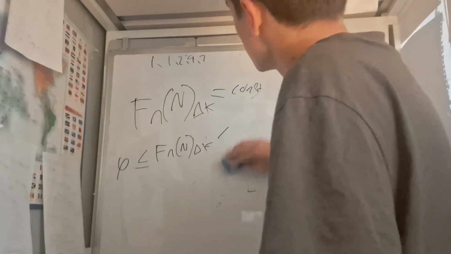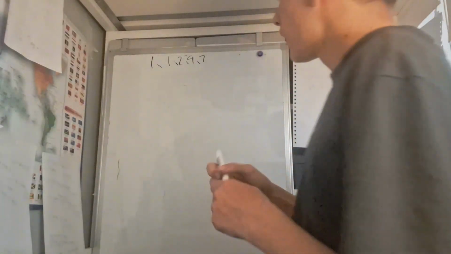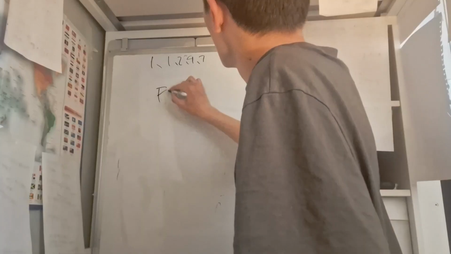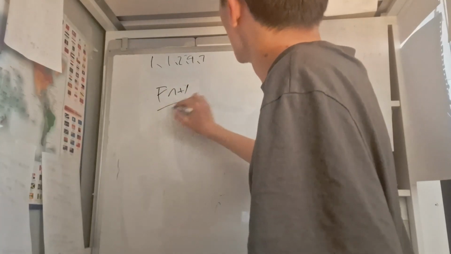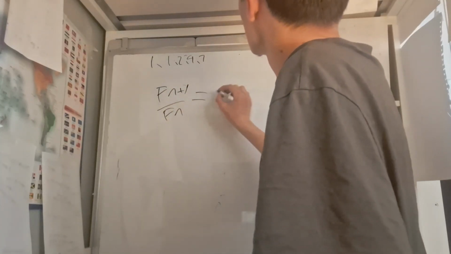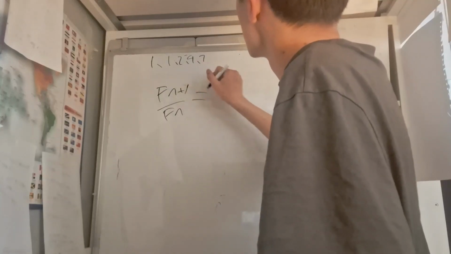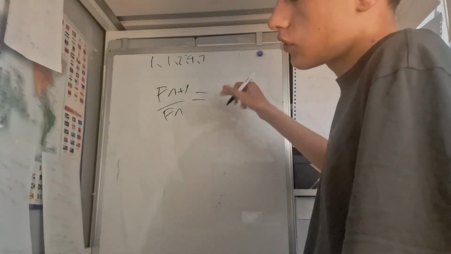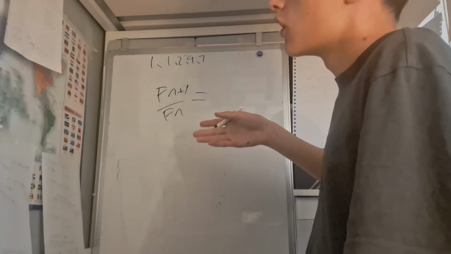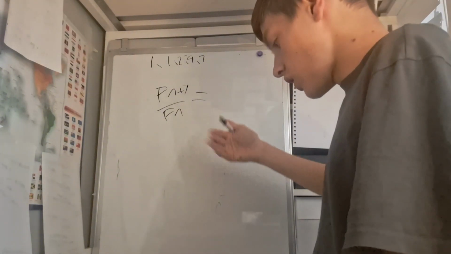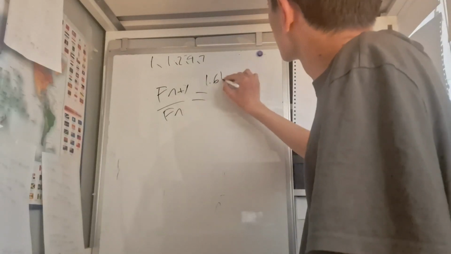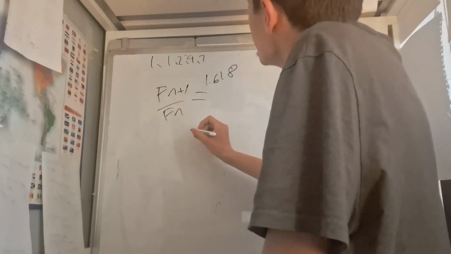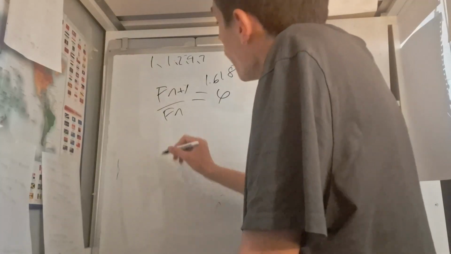Now I'm just going to do a little bit of dissecting, because what is the delta k? What does all of it mean? Remember, f of n over f of n minus 1, as n tends to infinity, equals the Fibonacci constant, the normal Fibonacci constant, a ratio of 1.618.